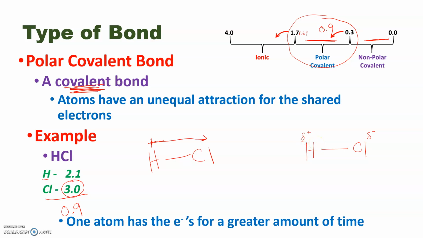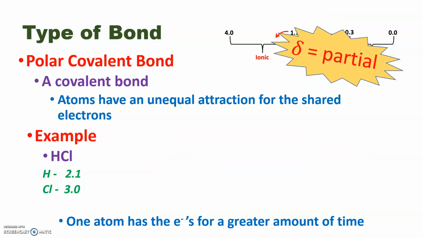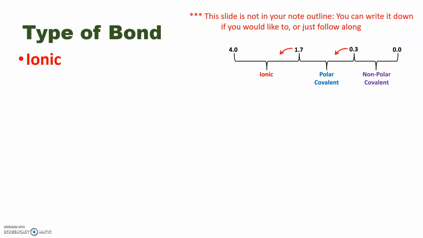So one of the atoms will have the electrons for a greater amount of time, and it will always be the one that's more electronegative, because that one wants them more. So in this case, chlorine will be hogging it. The electrons spend more time with chlorine. That will make chlorine a little bit extra negative than it would be if it were neutral. So that little symbol there, I'll erase, means partial, if you didn't catch that.